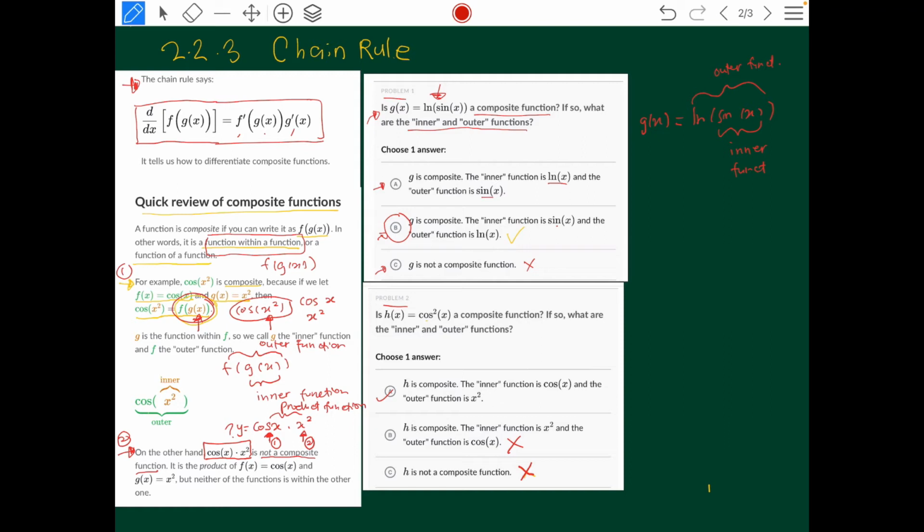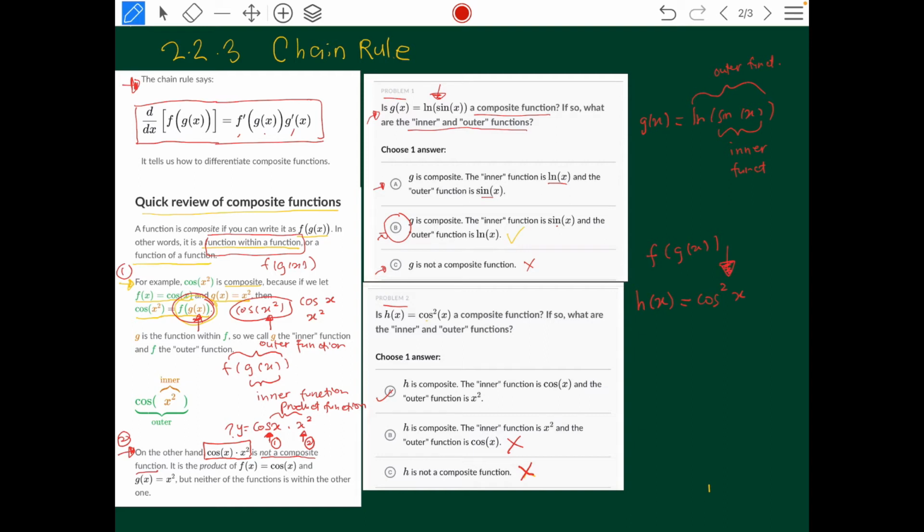This is pretty confusing, but let me show you what this answer means. We have h(x) = cos squared x. Now we know that the composite function is f(g(x)).